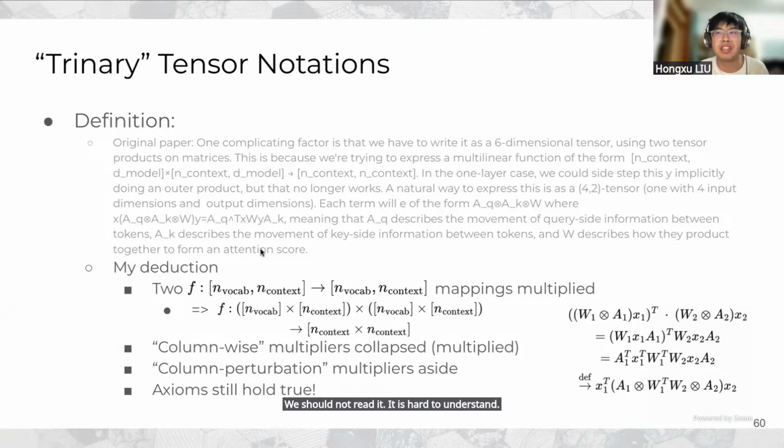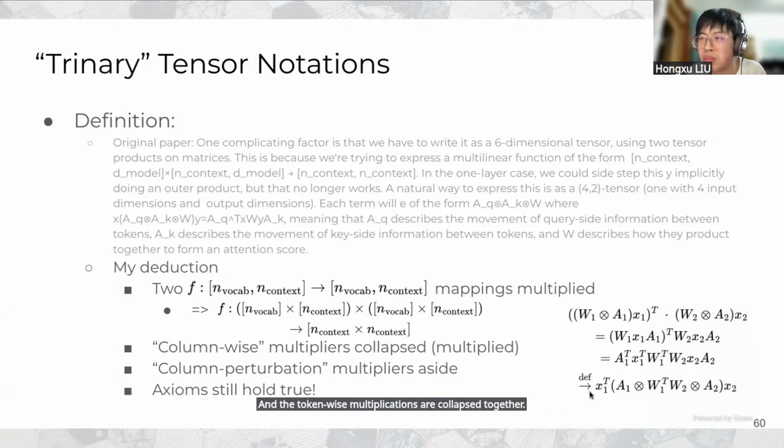My deduction is that the mathematical equation on the red side is the way to produce the attention score of the layer 2 attention heads. That is, two residual streams get transposed and multiplied together. We can see that the token permutation or right multiplication matrices are put aside, and the token-wise multiplications are collapsed together.